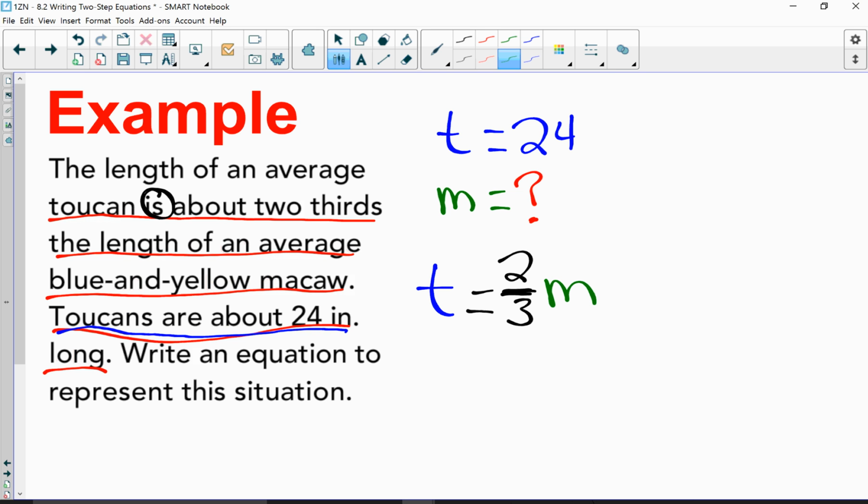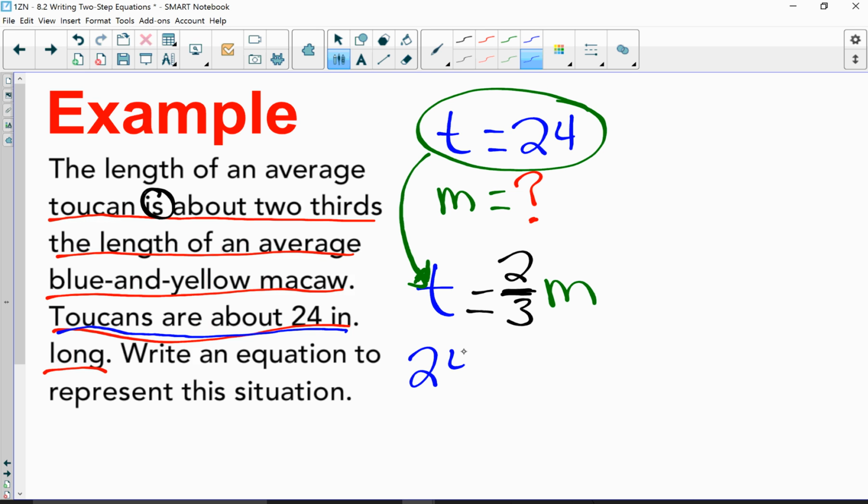This equation kind of has two unknowns in it, but we know one of them. We know what the toucan is. Toucan is 24 inches long. So let's replace that. The toucan is 24 inches long, and toucans are about 2/3 the size of a macaw.